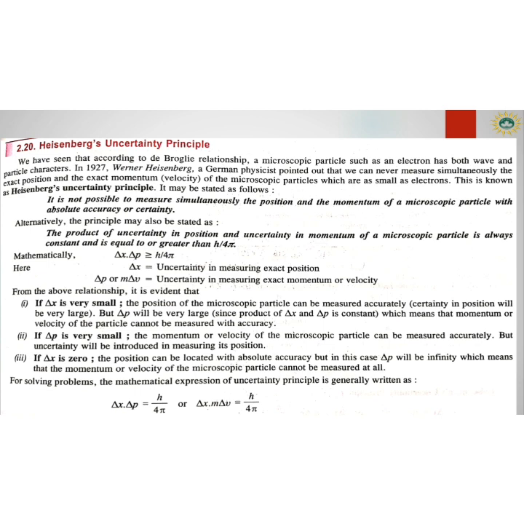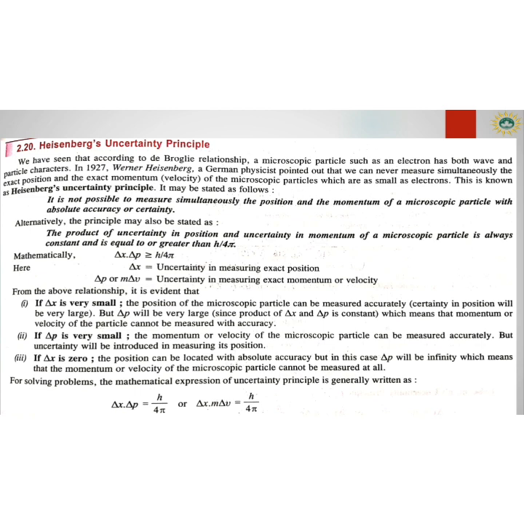So whenever this wave nature is maximum, it is very difficult to say simultaneously the position and momentum of this microscopic particle. The product of uncertainty in position and uncertainty in momentum of a microscopic particle is always constant. So delta x is the change in position of any subatomic particle, that is the uncertainty in measuring the exact position, and delta p is the momentum.